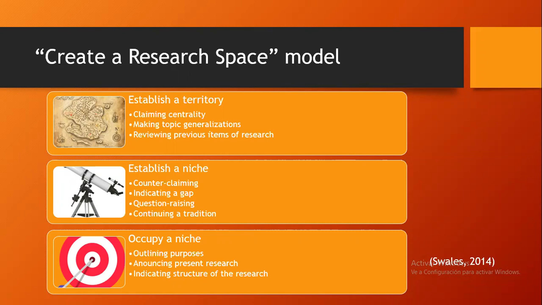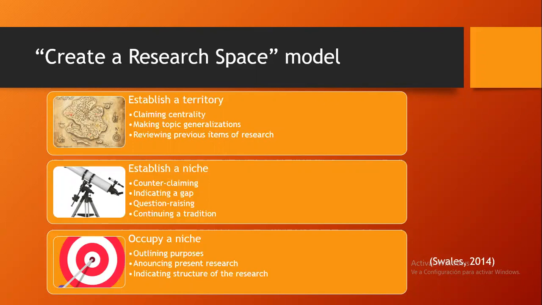First, the author must establish the territory. Identify the context of your research by following one or all of the steps. Mention the significant research that exists in the area. Make statements about current knowledge. Relate what has been done and found on the topic.